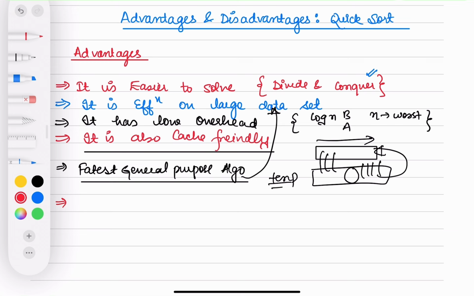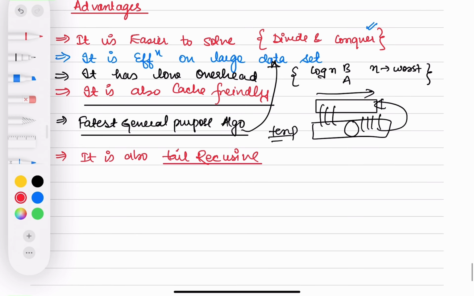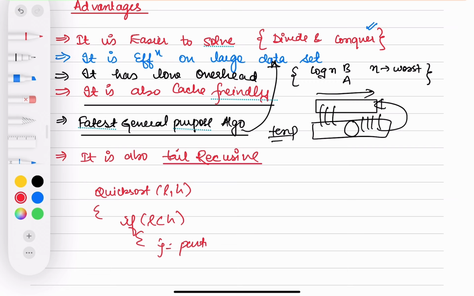There is one more thing about this. It is also tail recursive. Now, what do we mean by tail recursive? I'll just explain. If you remember when we were writing the algorithm for quick sort, j is equal to the partition function we have written.